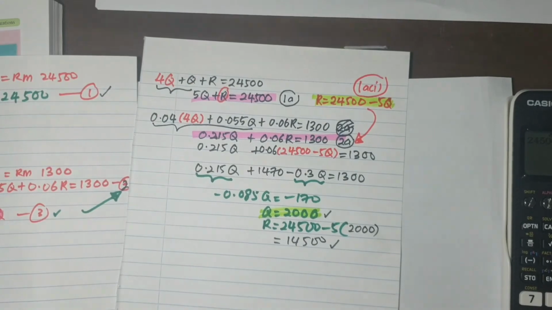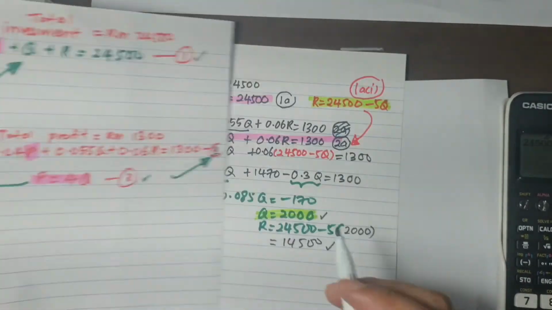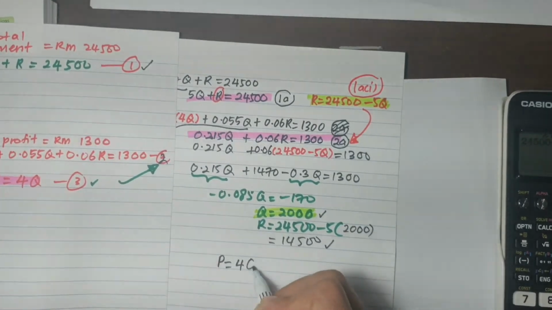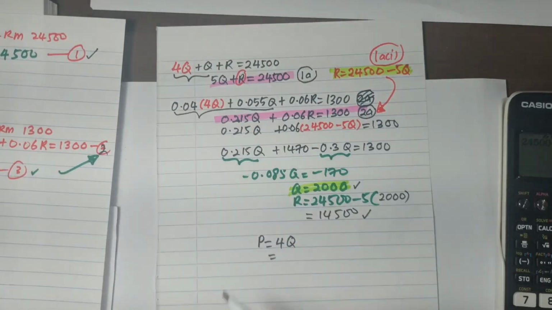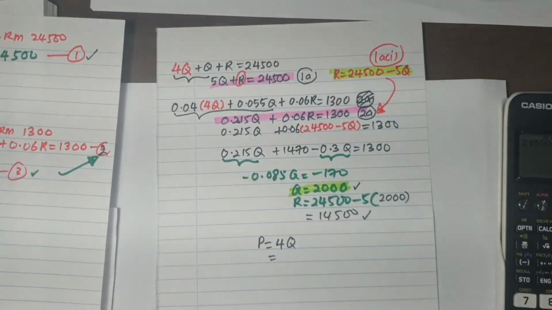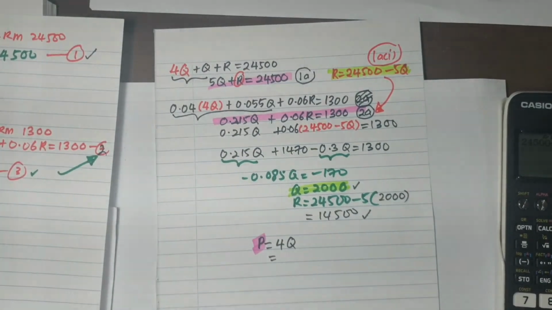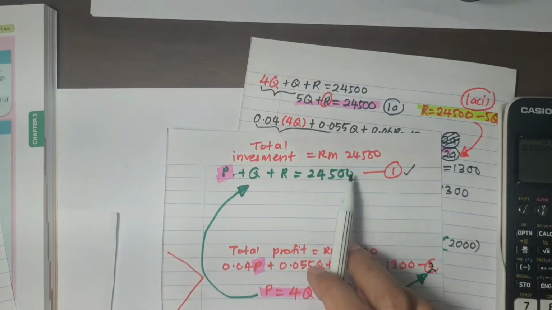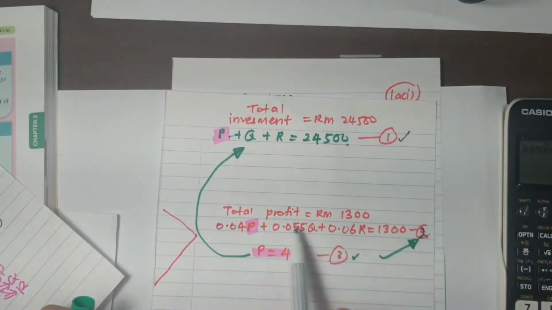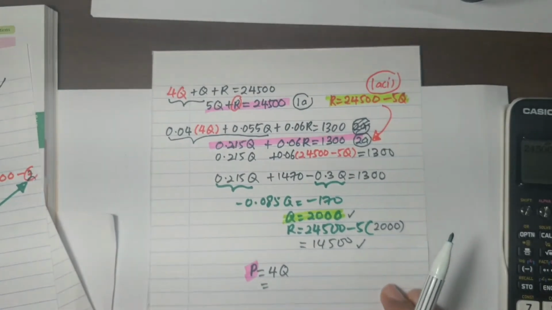The next one is P. So from here P is for Q, kan? P is for Q. So pilih yang benda yang kita nak cari tu. Kalau you nak cari P, pilih yang kepala dia P, subjek dia P. Jangan pilih benda yang susah. Jangan pergi masuk dalam ni, banyak kan? Bukan tak boleh, boleh. Nanti susah, complicated.